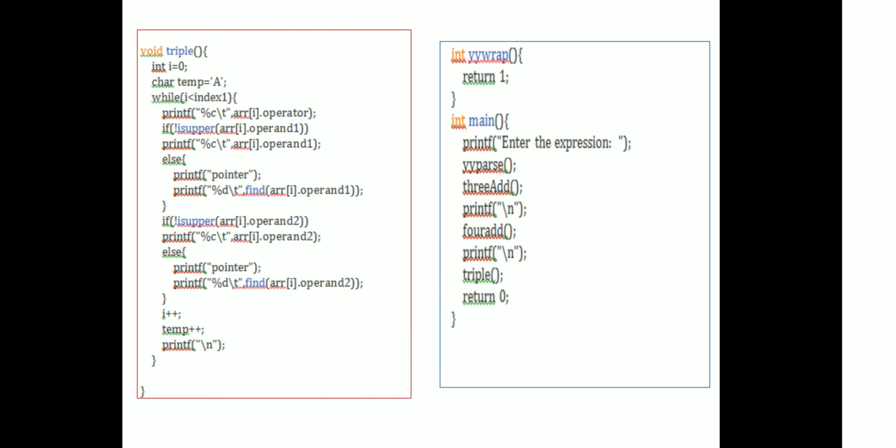If any upper character is found there, we need to call the find function again. The find function is passed the particular character, and instead of writing that, we write the pointers, whatever we have written there. So pointer 1, pointer 0 is going to be displayed instead of that one. So this is a simple program.